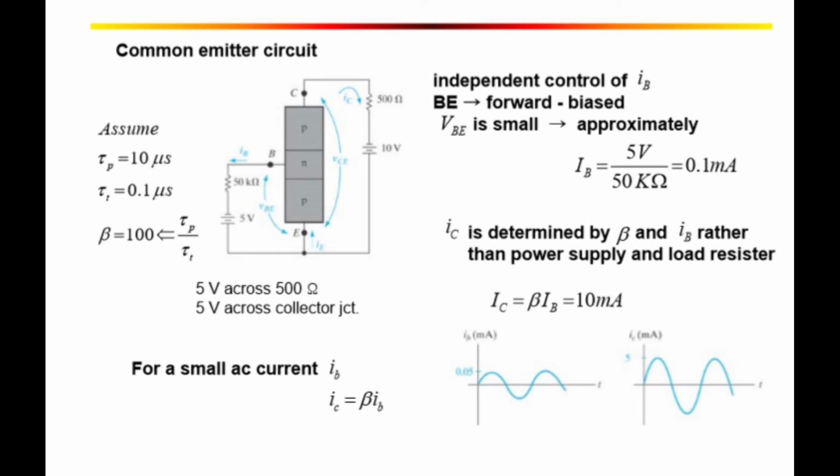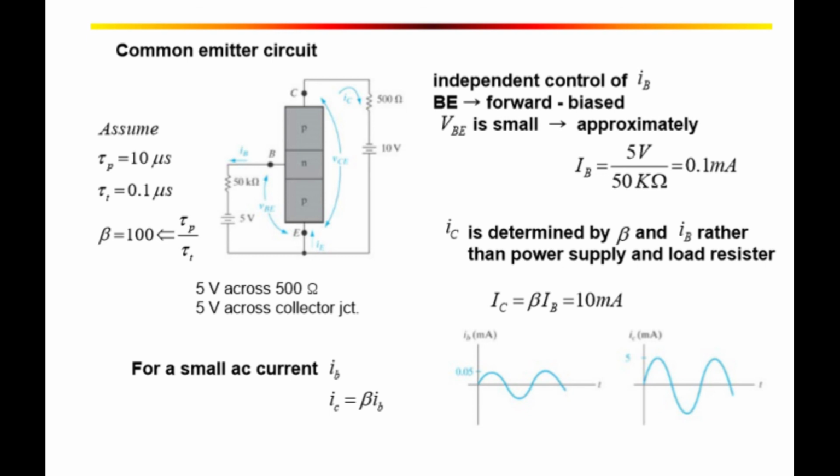It is important to note that IC, the collector current, is determined by beta and the base current rather than by the battery and resistor in the collector circuit. In this example, the 5 volt collector circuit battery voltage appears across the 500 ohm resistor, and 5 volts serves as the reverse bias of the collector junction.